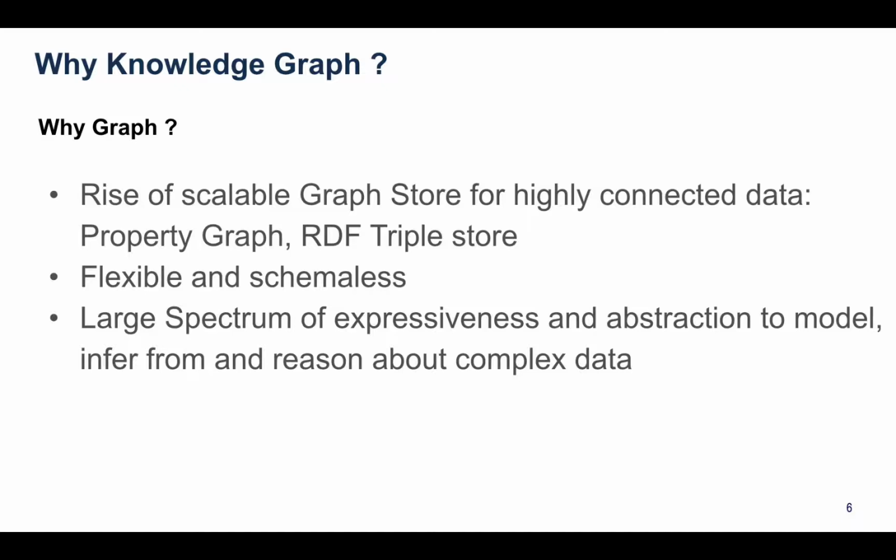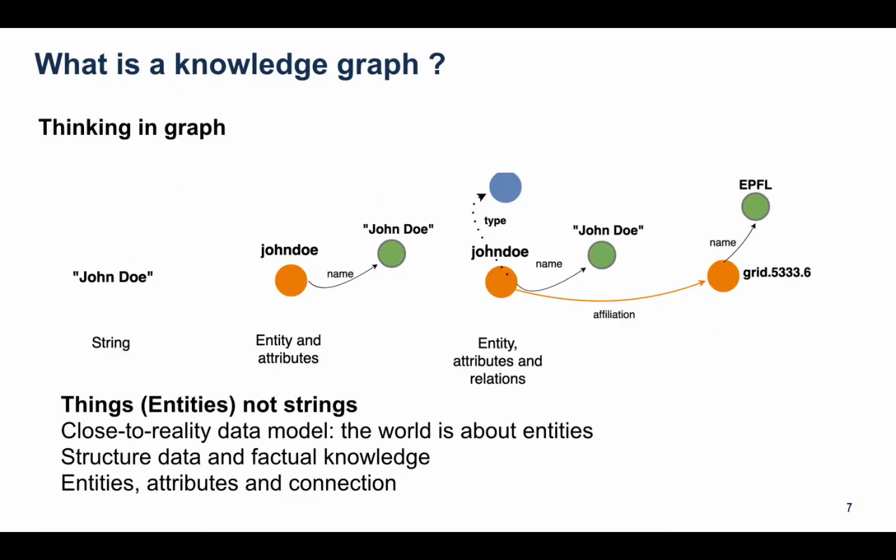And the ability to support a large spectrum of expressiveness. You can express more than just an entity association model, which is a relational database. So I'll give some examples around that. Because of these characteristics, graph technology is ready to be put into production within organizations to support various use cases.